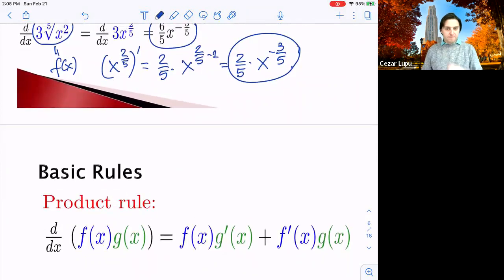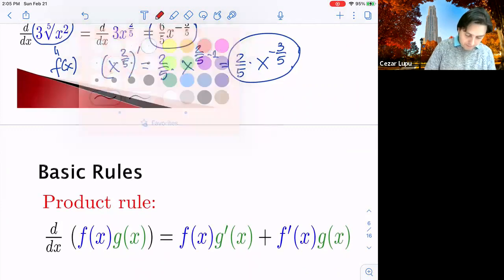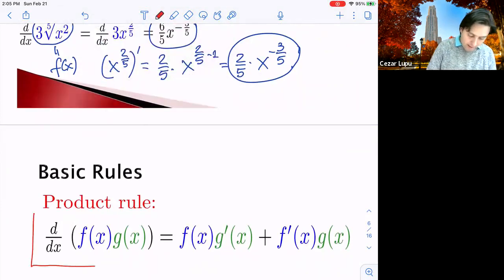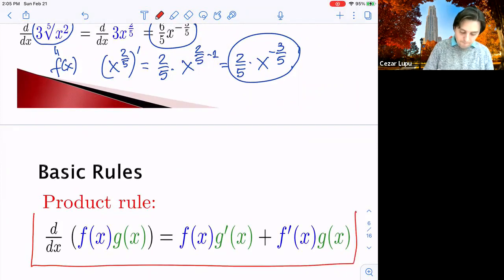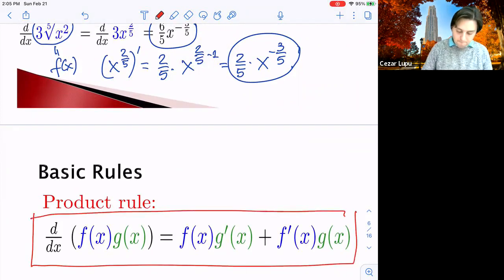The product rule. This is very important, and it's not as you would expect. Just look at it. The derivative of f times g is not, as you would expect, the derivative of f times the derivative of g.